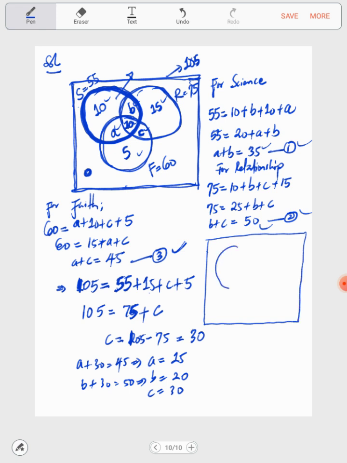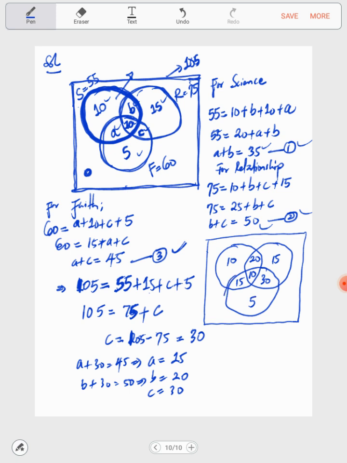If I write this instead, this is 10. B we have 20. A is 15. We have c to be 30. And we have this to be 15, this to be 10, and this to be 25.